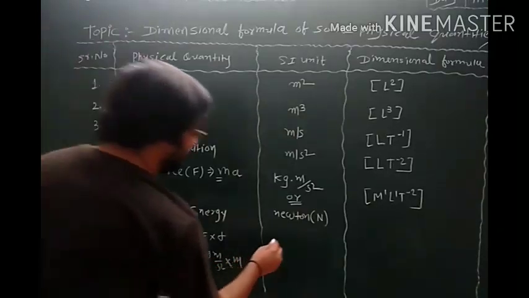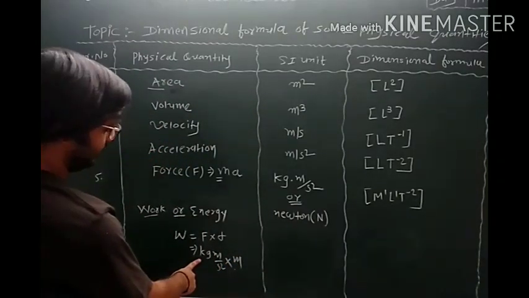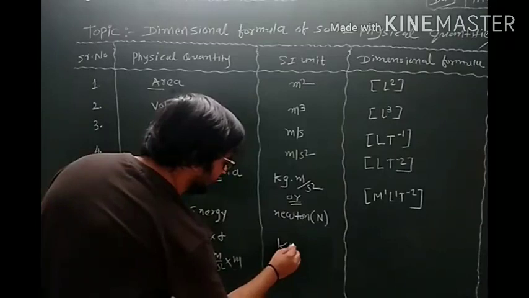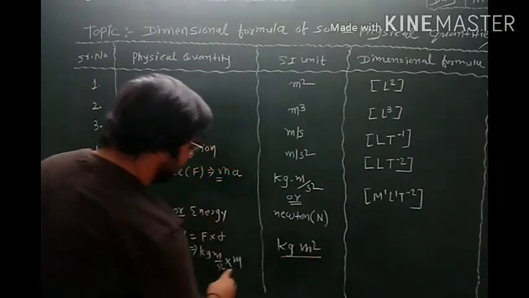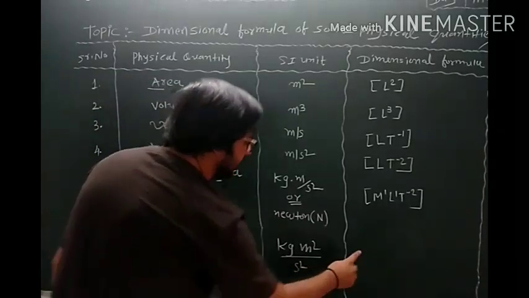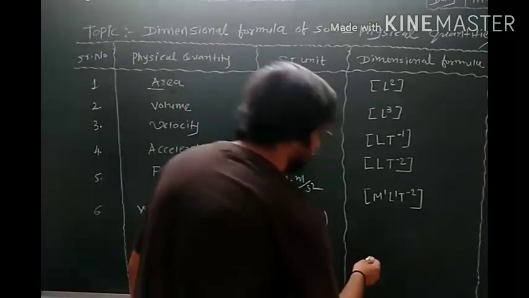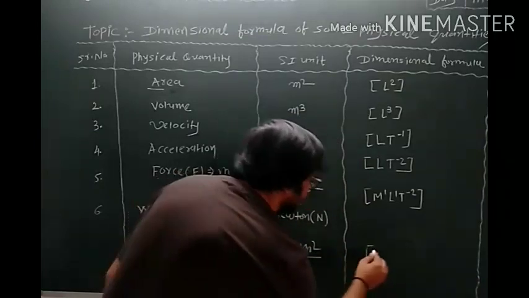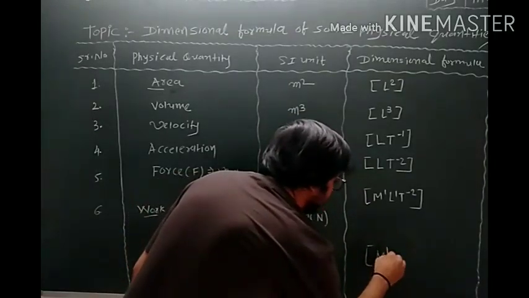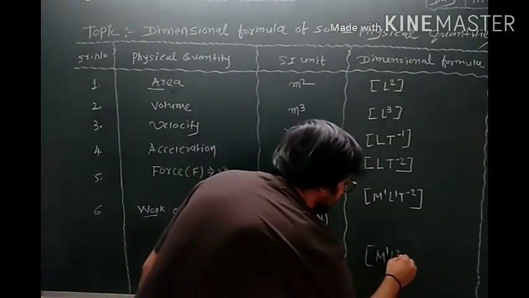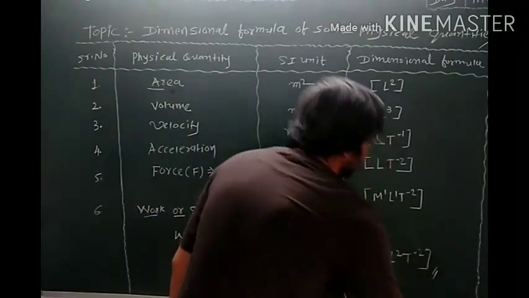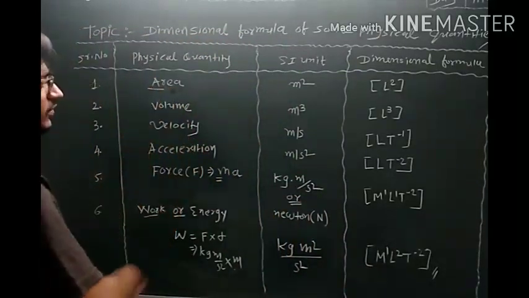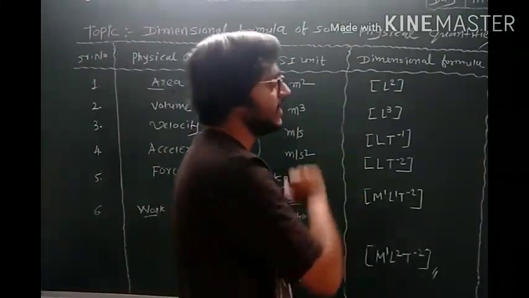So the unit of work is kilogram meter into meter, meter square divided by second square. The dimensional formula of work or energy is M1 L2 T raised to minus 2. Now write down all these physical quantities with their SI units and dimensional formulas.